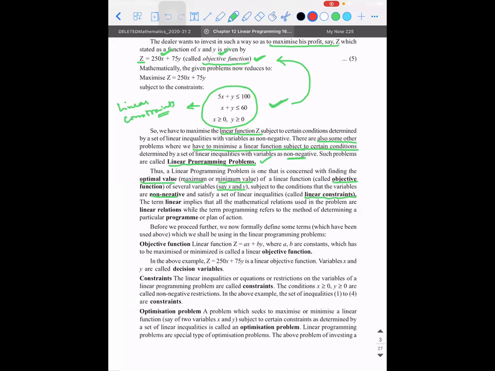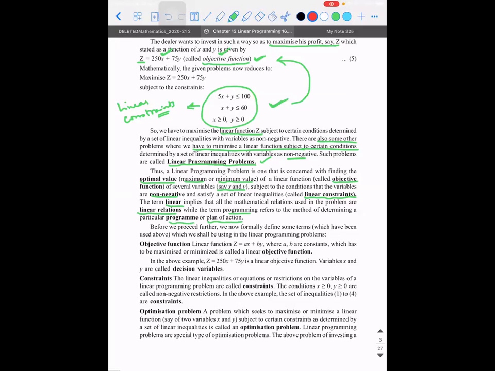The reason I'm stressing all these words is that in 1 mark questions, they might use these terms, so you should not miss it. You should know what an objective function is, and what a linear constraint is. The term linear implies that all the mathematical relations used in these problems are linear relations, while the term programming refers to the method of determining a particular program or plan of action.